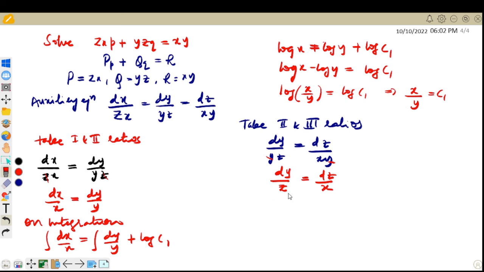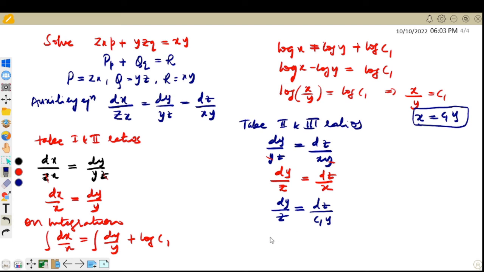But you can't solve this differential equation directly. So for that, we are going to make use of the first result, that is x equal to c1y. I will substitute the x value here: dy by z, as it is, equal to dz by c1y.